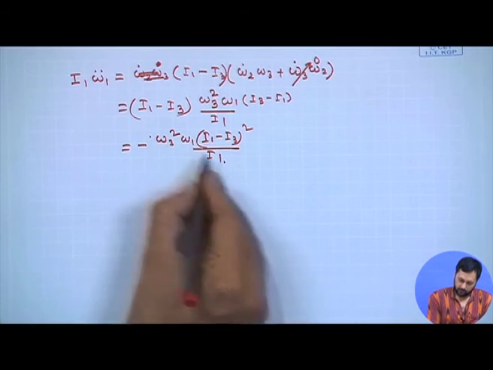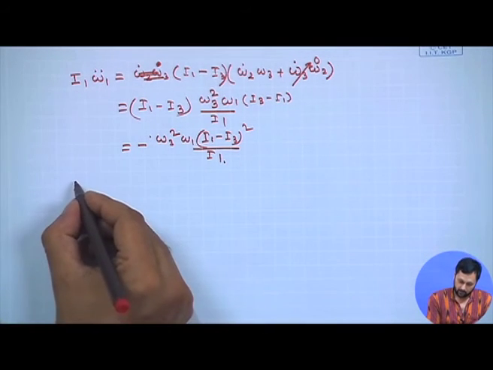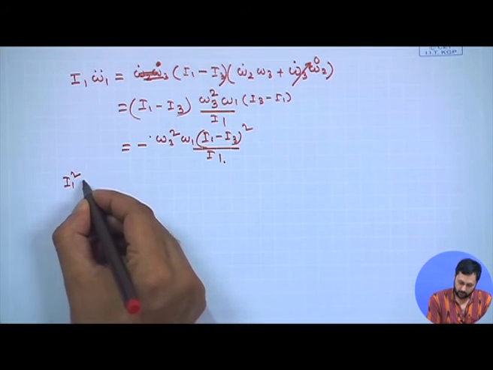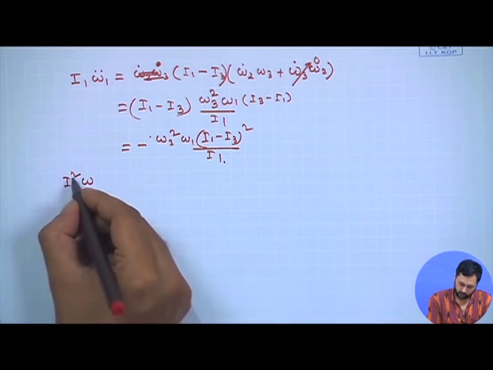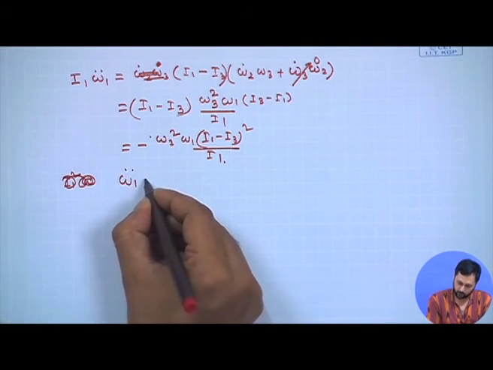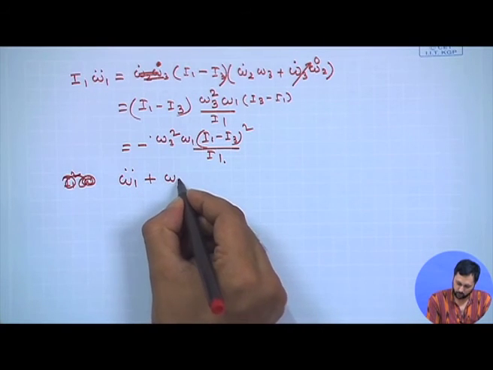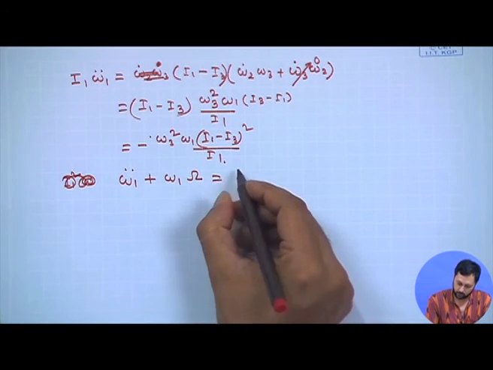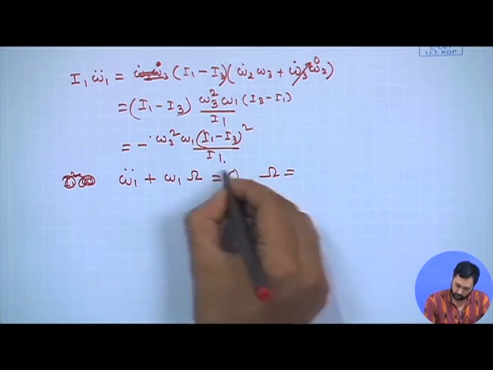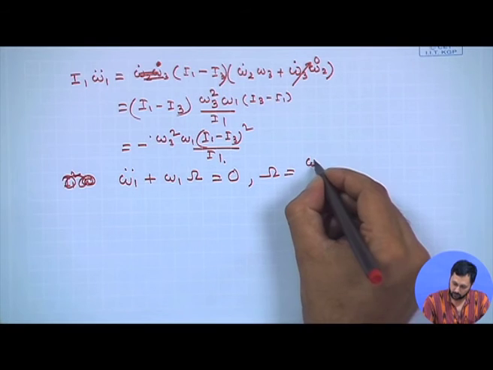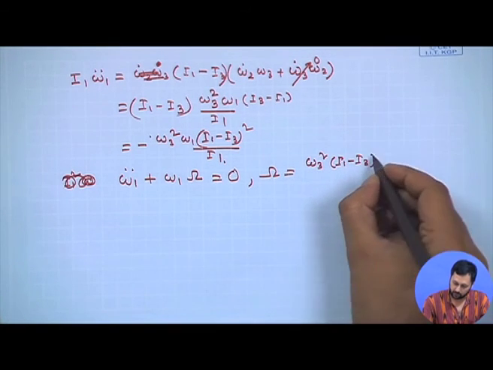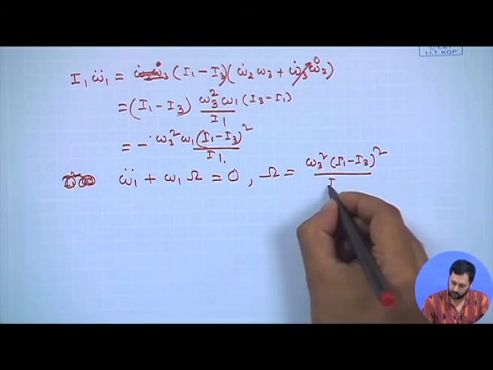So take this I1 to the other side and you immediately get omega 1 double dot plus omega 1 times capital omega equal to 0, where capital omega is this constant which is given by omega 3 square (I1 minus I3) whole square divided by I1.